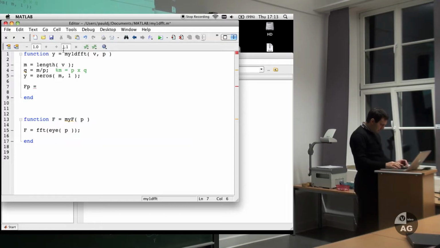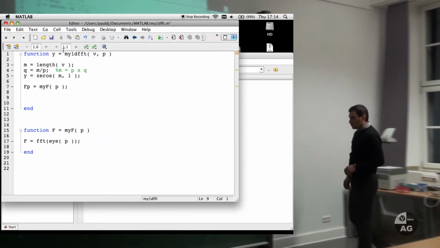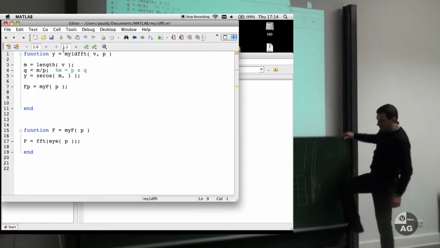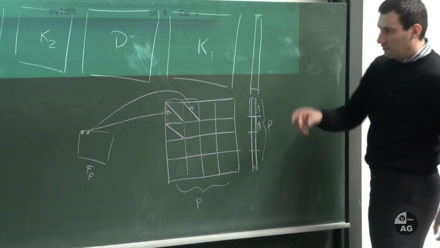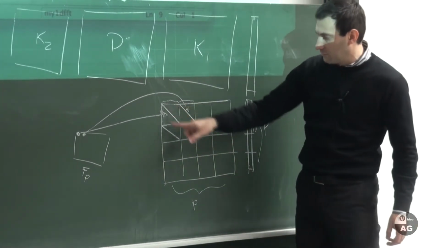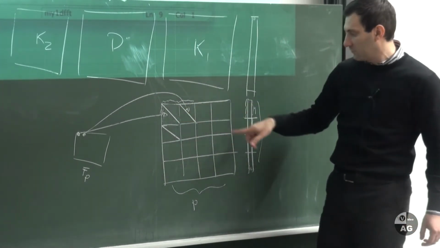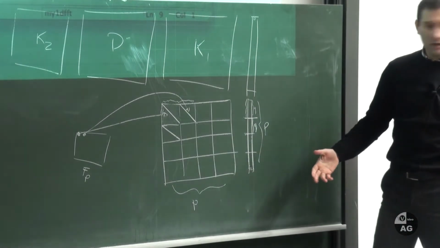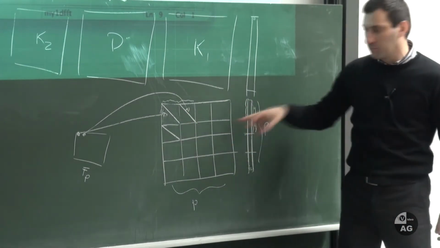Then I can say F_P equals my F_P. So I'm in good shape so far. I have gotten here, I have this matrix, which means that I implicitly know the content of each of these blocks. Now I only have to perform a matrix vector multiplication.